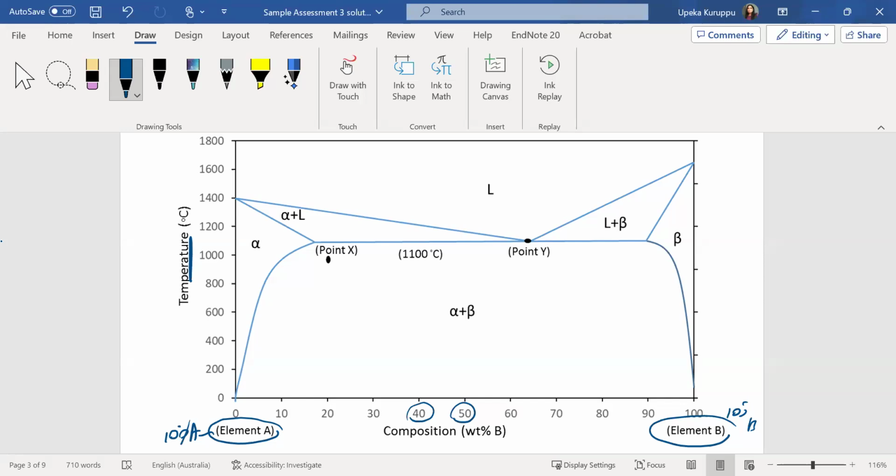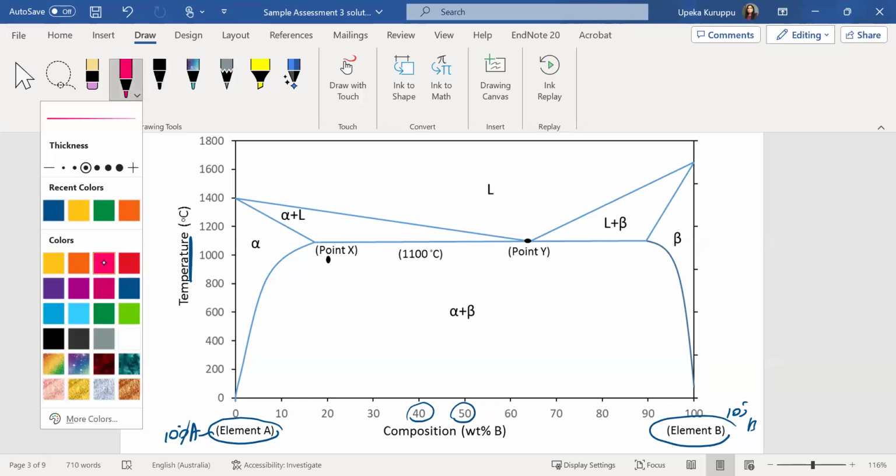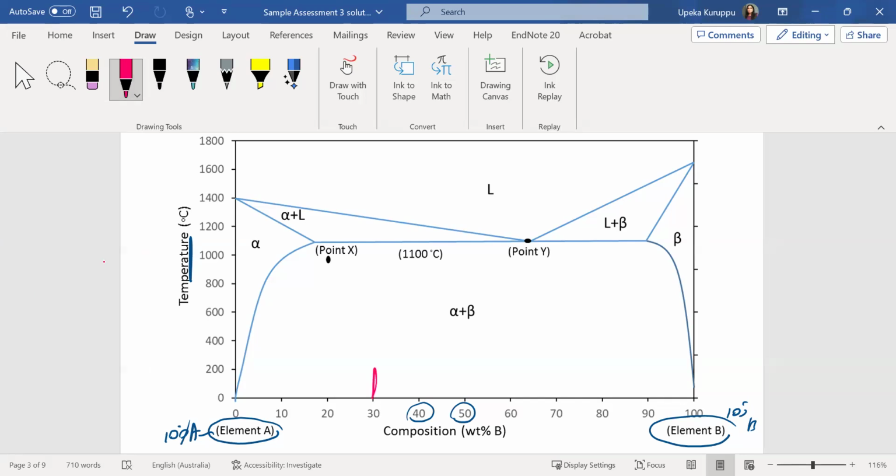How can we find it? 70% of A and at 1600 degrees Celsius. How do you find that? So 70% of A is where? Here, isn't it? 30% B, 70% A.